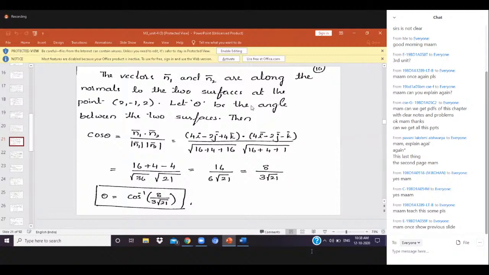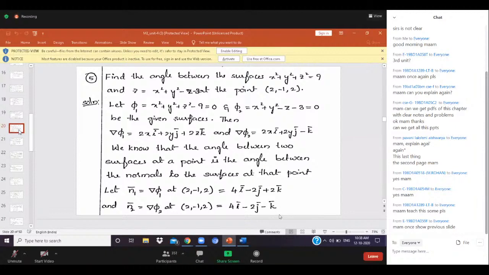We want the previous slide. This is the one. The question is x square plus y square plus z square equals 9 and z equals x square plus y square minus z minus 3 equal to 0, at the point 2 comma minus 1 comma 2.